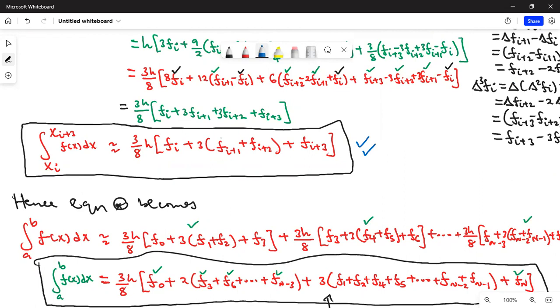So what I'm going to do is to expand f i plus 1, f i plus 2, and f i plus 3 in terms of f i. That means you expand about xi, expand in Taylor series. So let me write this down. It was 3h over 8 times f i plus 3 f i plus 1 plus f i plus 2, then plus f i plus 3.